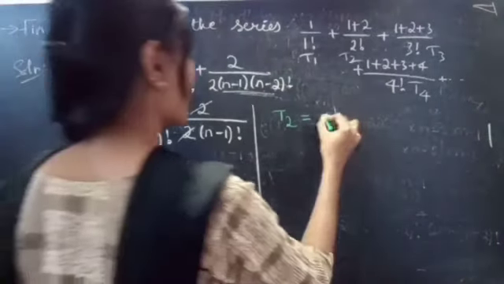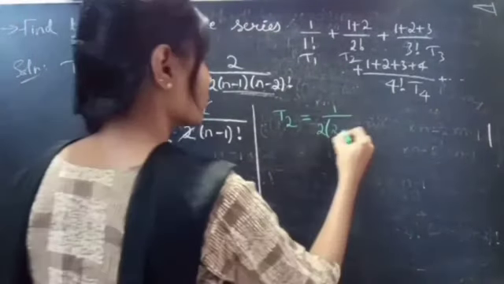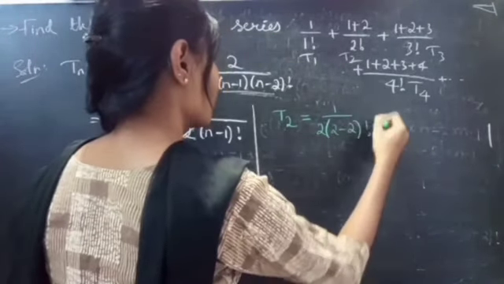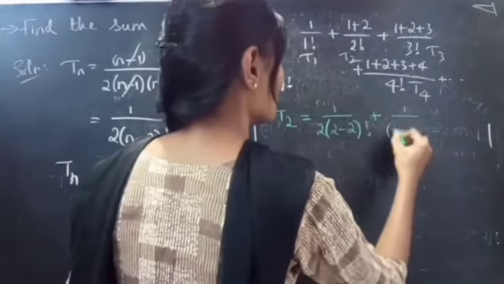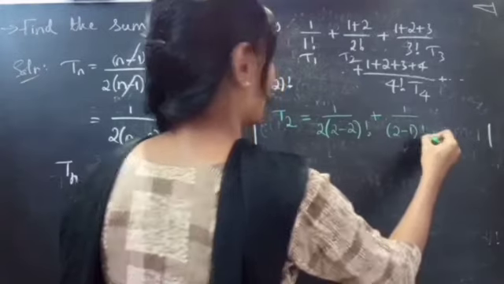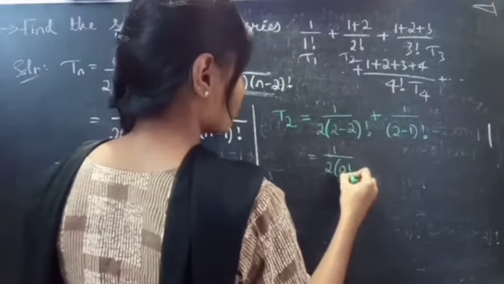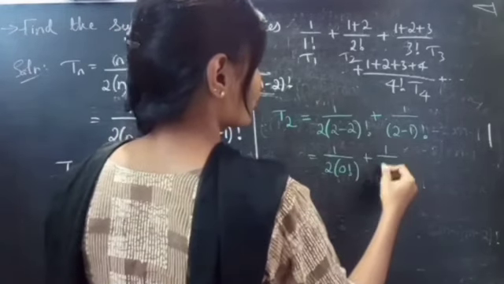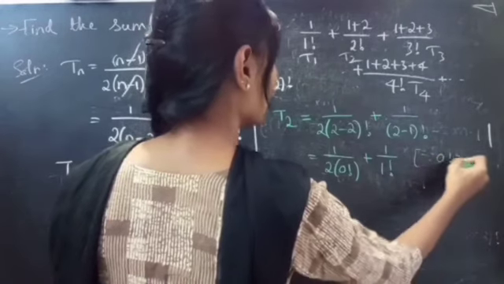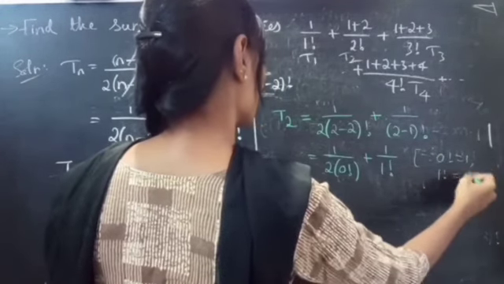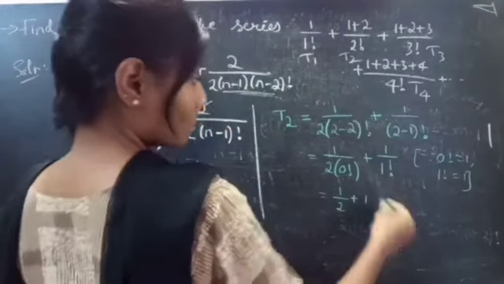I'll get 1 by 2 into (2 minus 2) factorial plus 1 by (2 minus 1) factorial, which equals 1 by 2 into 0 factorial plus 1 by 1 factorial, since 0 factorial equals 1 and 1 factorial equals 1. So we'll get 1 by 2 plus 1.